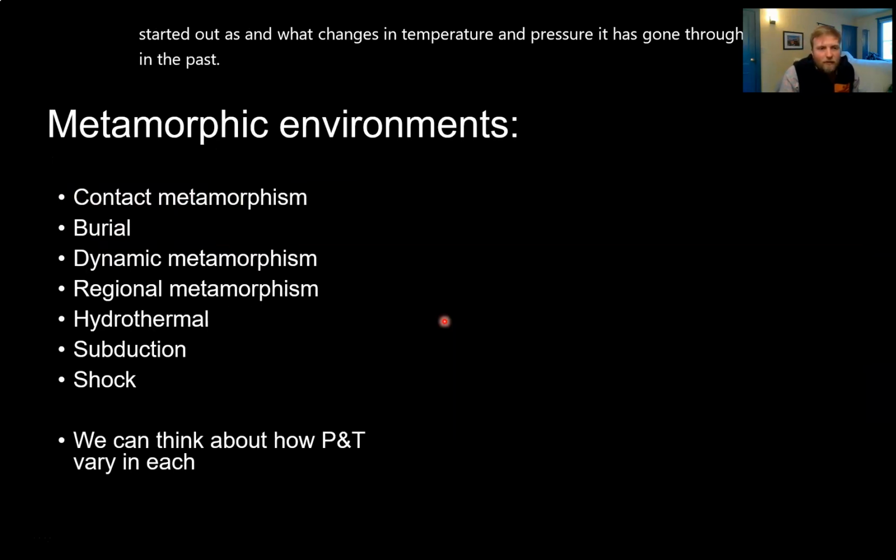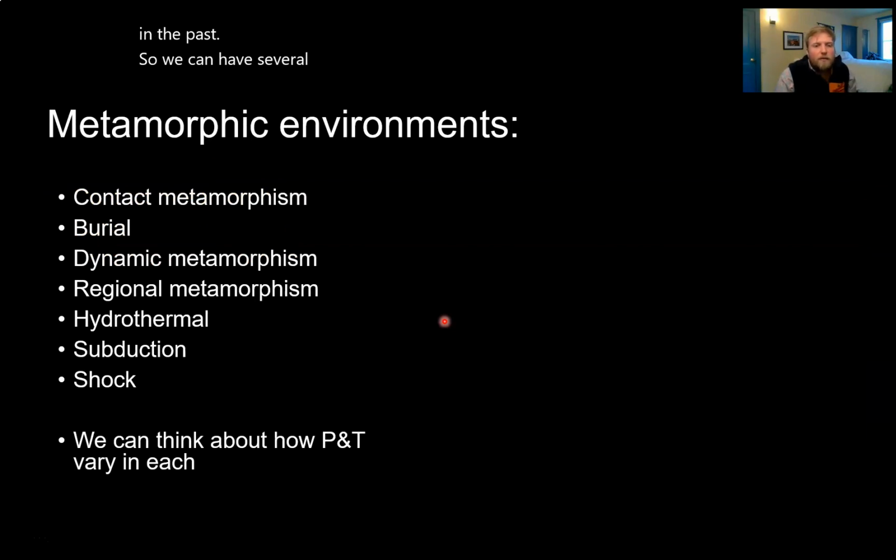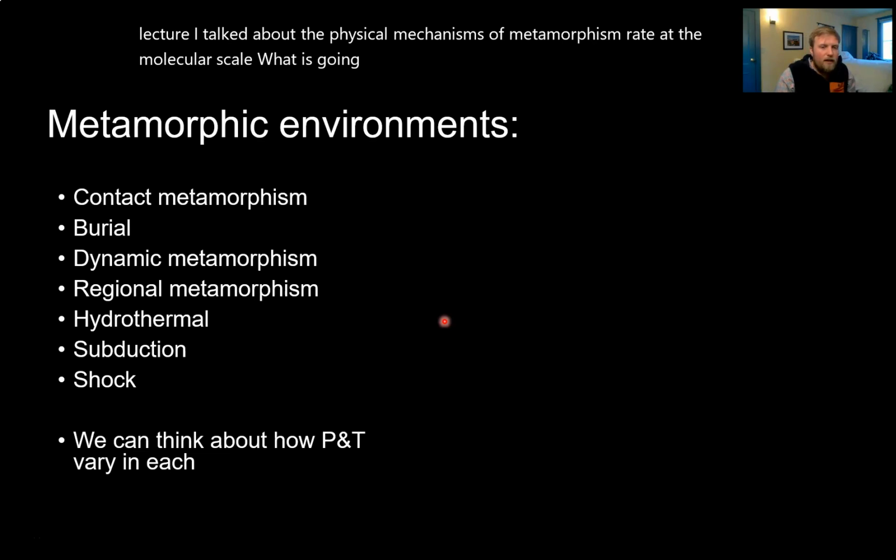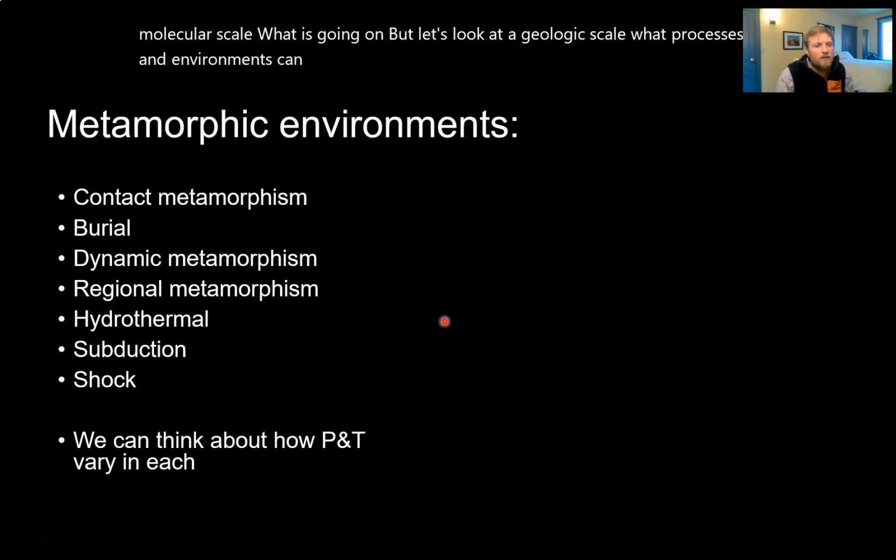So we can have several different metamorphic environments, right? In the last lecture, I talked about the physical mechanisms of metamorphism, right? Like at the molecular scale, what is going on. But let's look at a geologic scale. What processes and environments can cause metamorphism in the first place, okay?